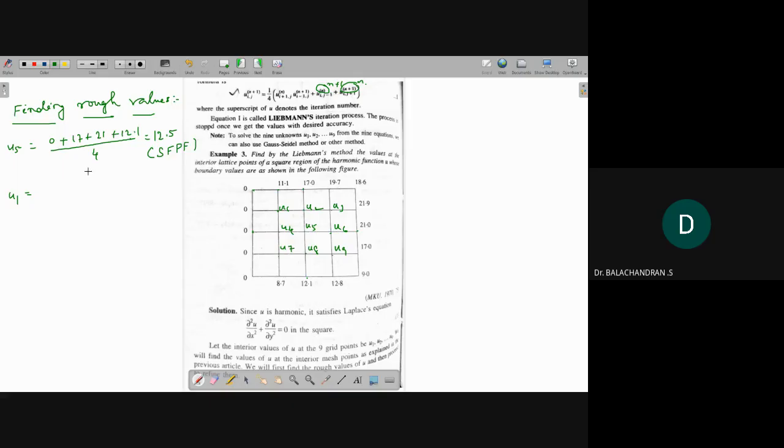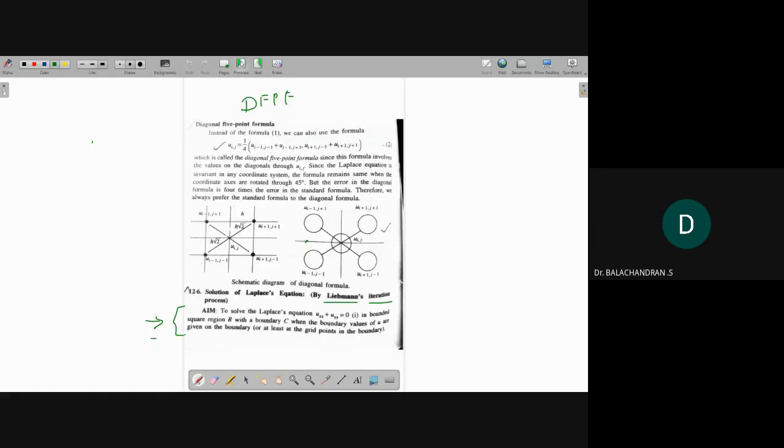It is given here. The error in the diagonal formula is 4 times the error in the standard formula.